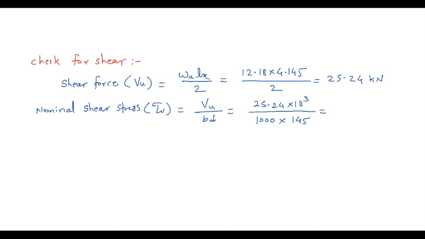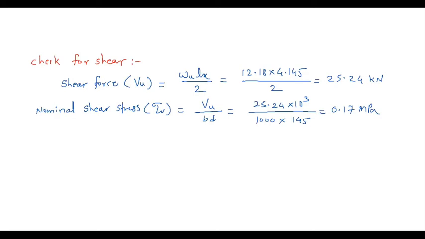So calculate the value of tau v. It is 0.17 Newton per mm square, that is megapascal.